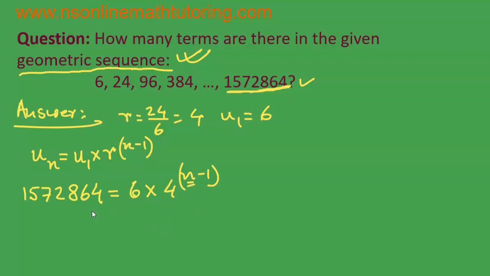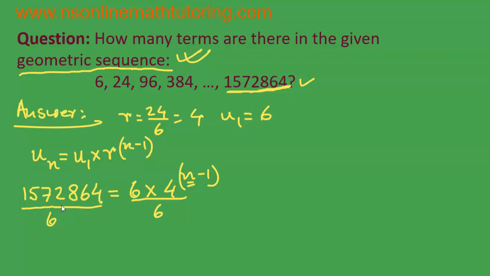So first of all, let us divide both the sides of this equation by the number 6. This side is 6 and this side is also getting divided by 6.